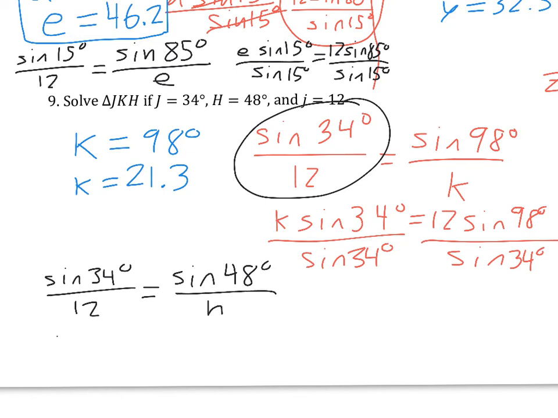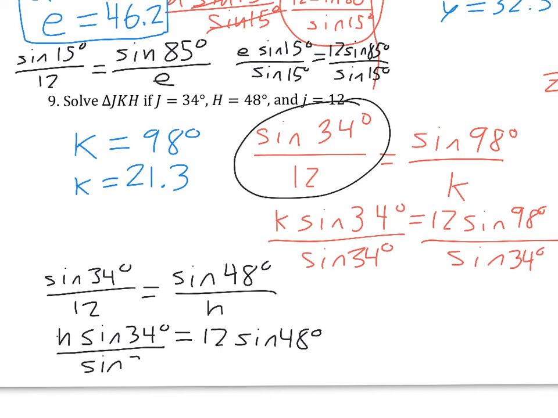Cross multiply. We're trying to get h alone, so we divide by sine 34. Alright, and the calculator says h equals 15.9.